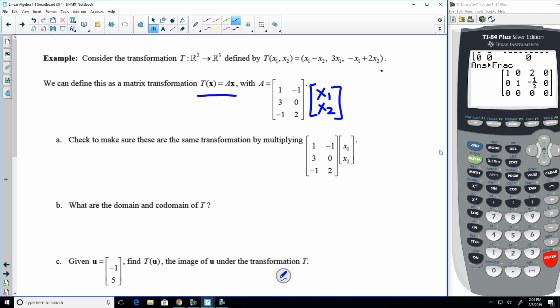So that's it. So we multiplied by x1 and x2, and if we multiply these, we get this. Just like that.